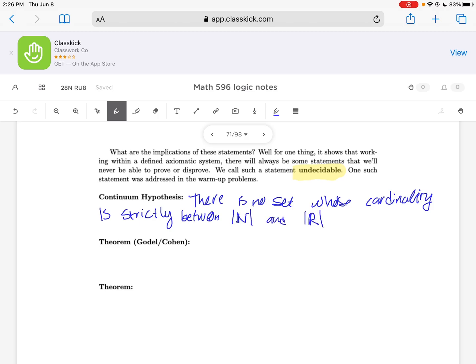We've proven that those two sets have different cardinalities. This is saying there is no infinity between the cardinality of the natural numbers and the cardinality of the reals, right? There's no set whose cardinality is greater than the natural numbers but less than the reals.